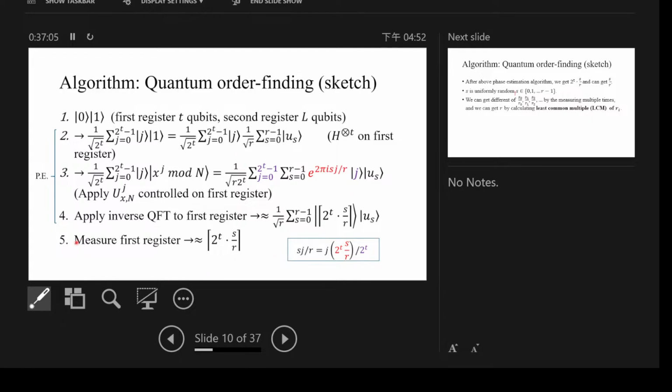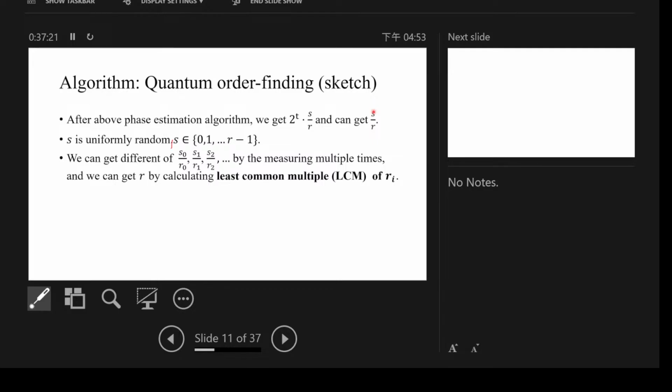It's a bit like Simon's algorithm. Every time you get something that's perpendicular to your secret string, and you need to run many times. Similarly, you need to run this phase estimation part of the order finding algorithm many times.